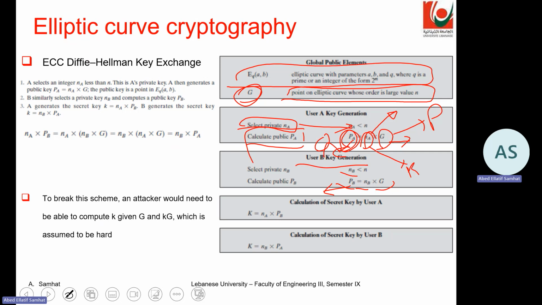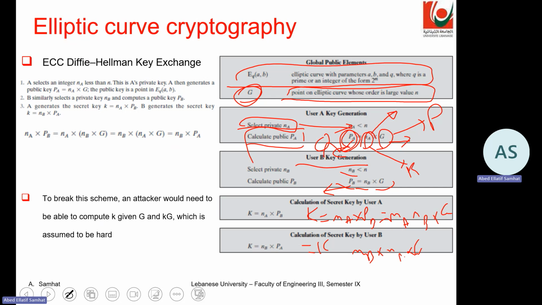Then he will calculate K equals nB times PA, which is nB times nA times G. Alice calculates nA times PB, which is nA times nB times G, and we have the same key. In this case, we are using the Diffie-Hellman approach, but the key exchange is based on the elliptic curve problem.